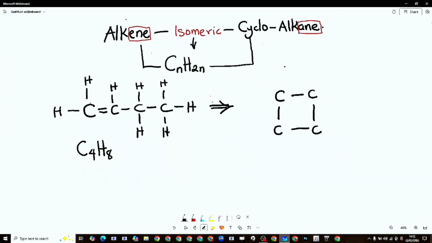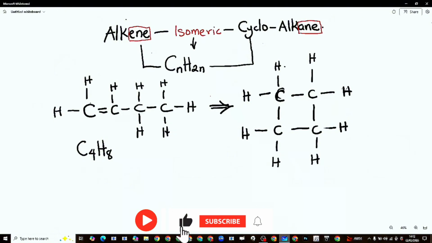Why is it cyclo? We talked about this because they are forming a ring form. This is hydrogen, hydrogen, and so on. Each carbon carries four bonds, right?